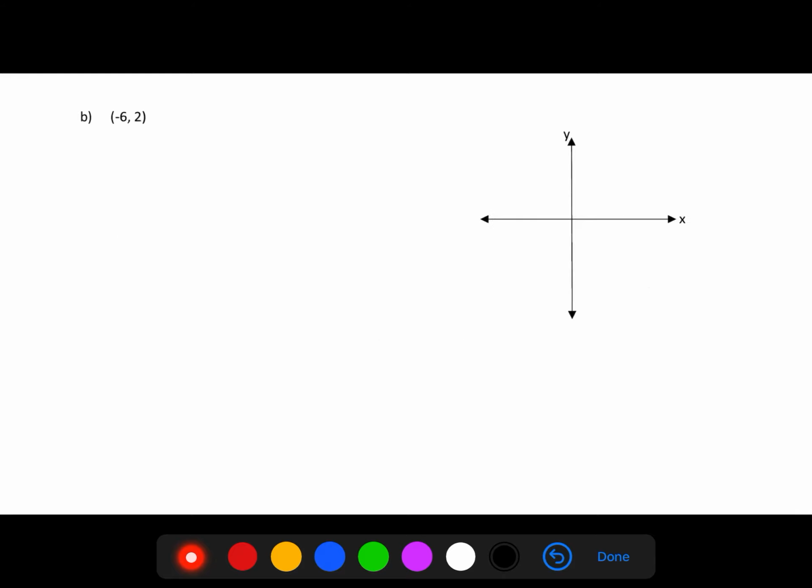If we have negative 6 and 2, so negative 6 and 2 occurs somewhere over here. And again, we're going to create our terminal arm. And what we're working with is theta, the angle in here. Now, we are still going to create our right angle triangle over here with the x-axis though, because we want to work with our x and y values, and we want to be able to determine our radius value.